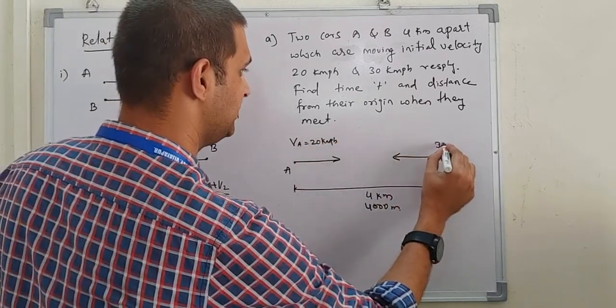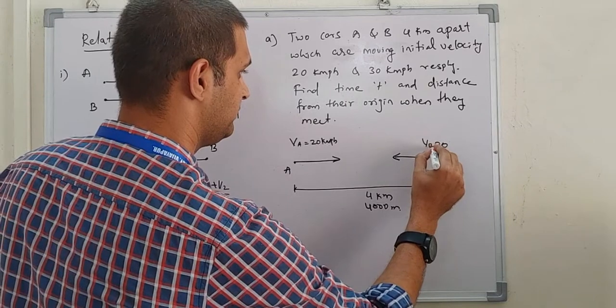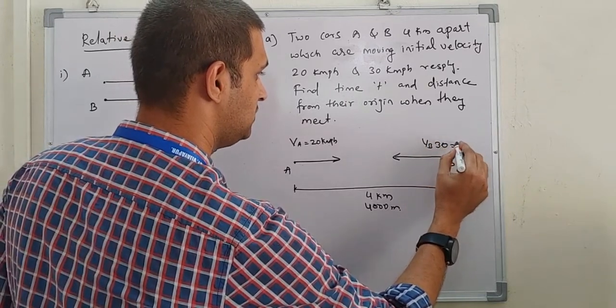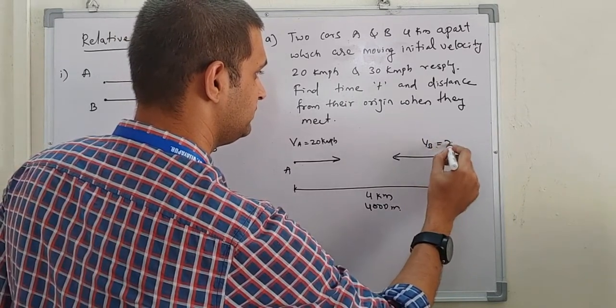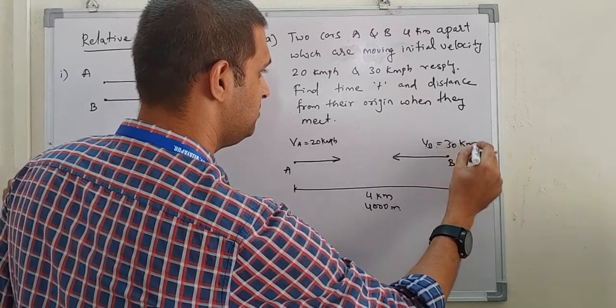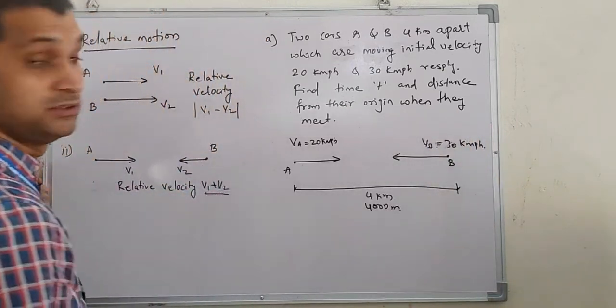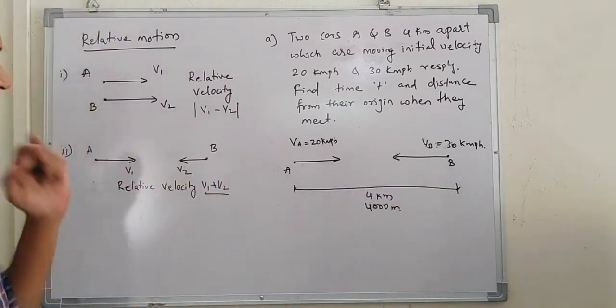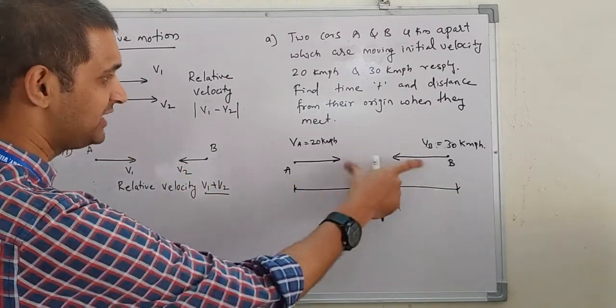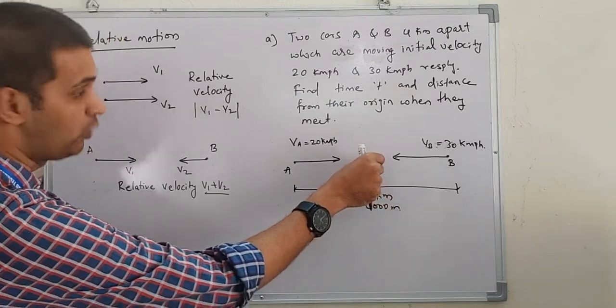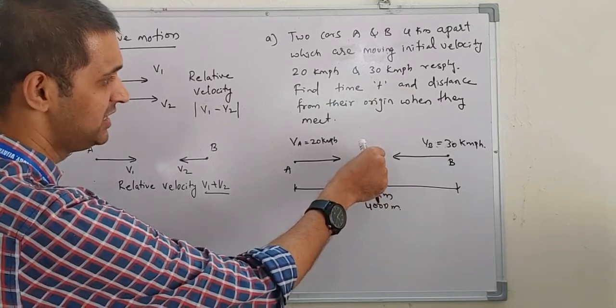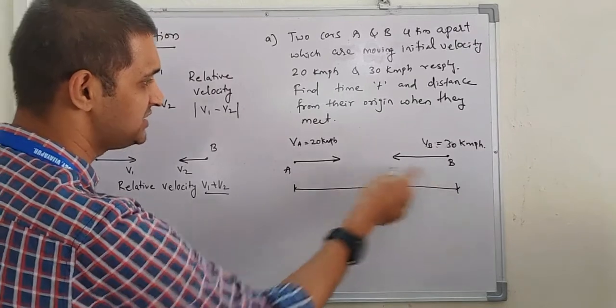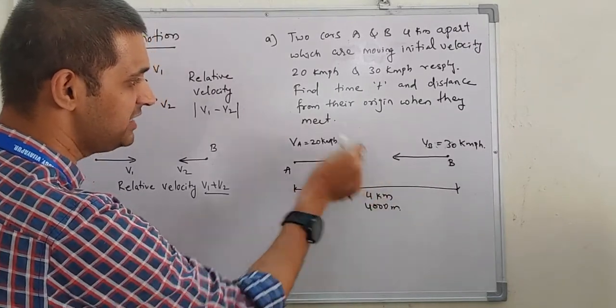The other one is 30 km per hour. So now they are moving towards each other. Now you have to identify at what time they will meet each other, and at what distance from their origin they will be meeting each other.